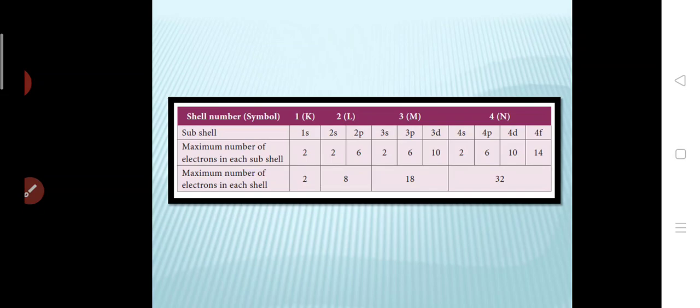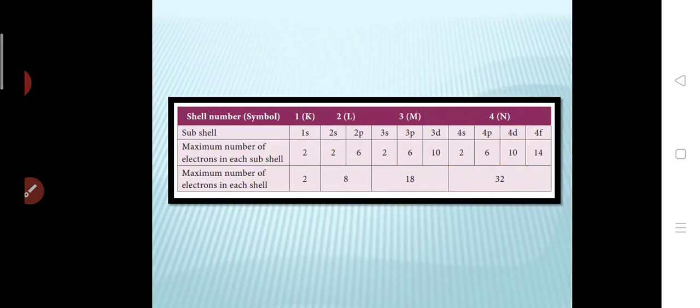You all know very well how to write the electronic configuration. In atomic structure we saw that the K shell holds a maximum of 2 electrons, the L shell a maximum of 8, the M shell 18, and the N shell 32.